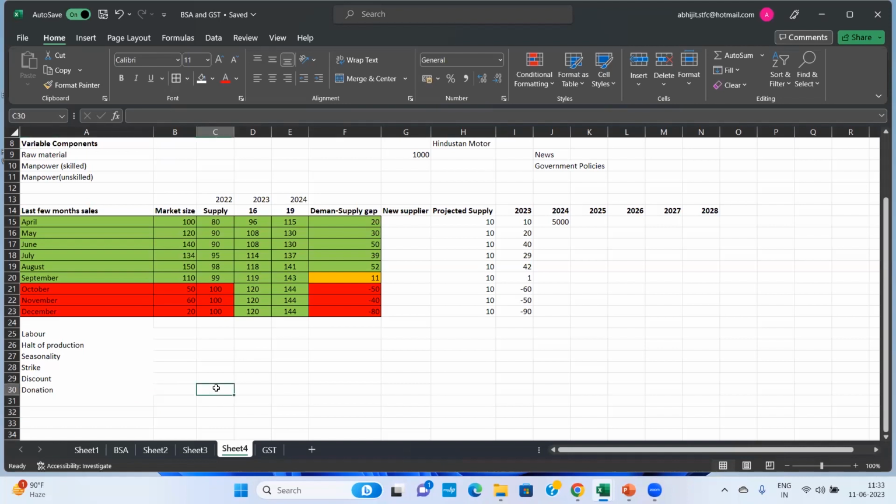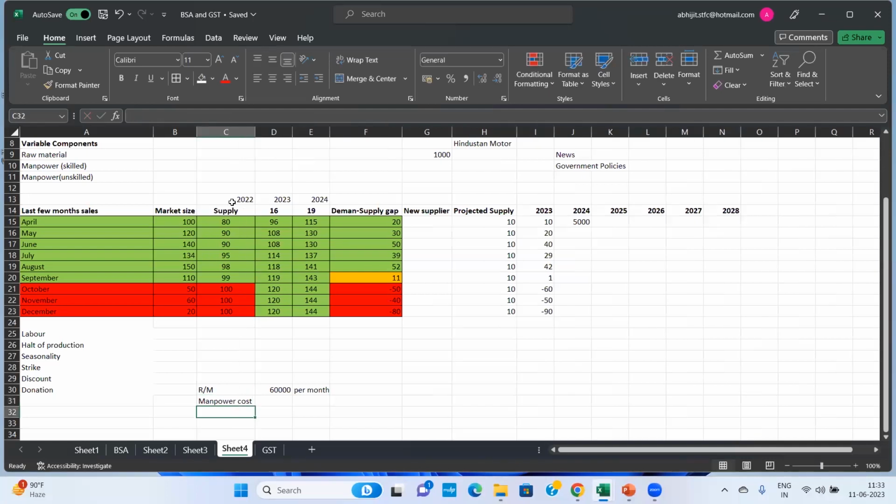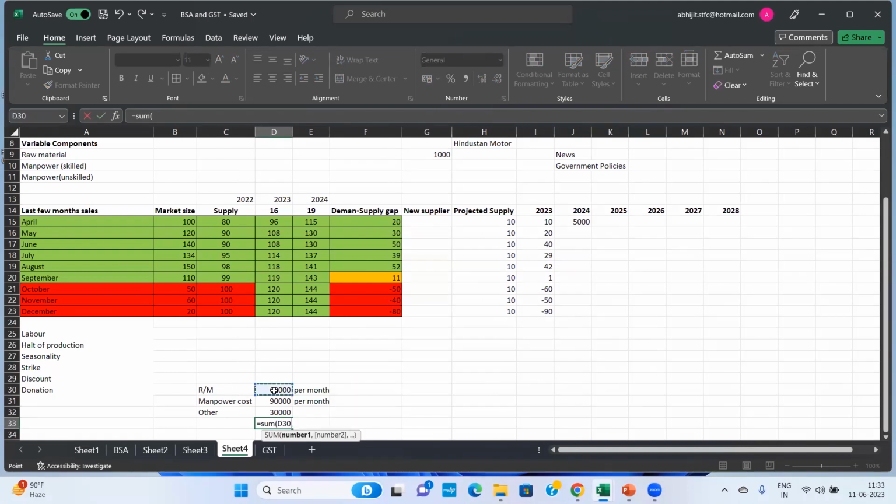Now, if my raw materials cost is say 60,000 for 1 month, and my manpower cost is say 90,000 per month, and my other expenses like electricity are around 30,000 per month. So per month, my variable expenses are 1,80,000, right?